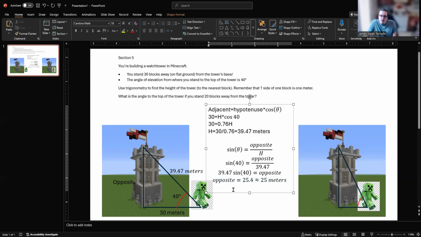Okay, so now we decide to walk back towards the tower, and we go from 30 meters away to being 20 blocks or 20 meters away.